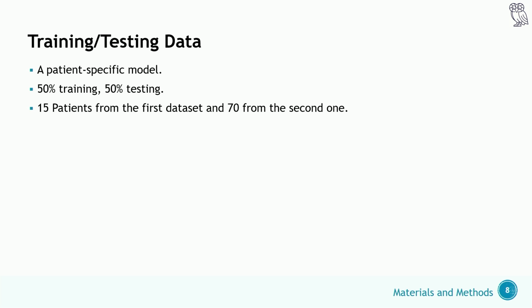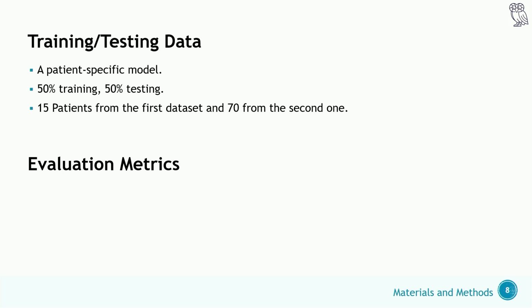So we are more interested in personalized healthcare. That's why we are reporting a patient-specific model, meaning it's best tailored for each patient to have the most accurate results. We use each patient's half sample for training and the rest for testing. We use all the patients from the first data set and 70 randomly selected from the second one.